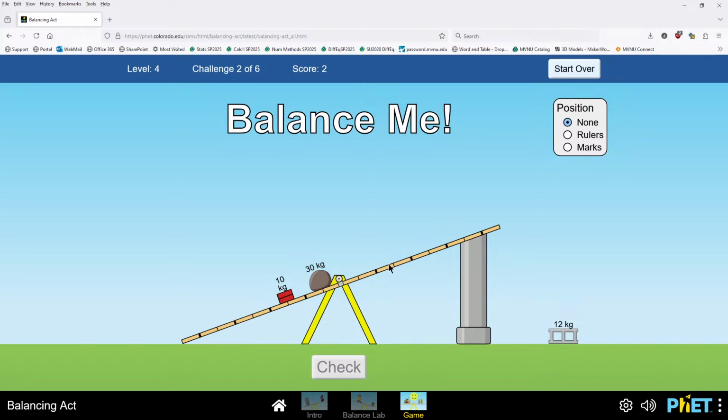One, two, three. Huh. Well, this is kind of interesting. I can't get it to balance. Am I wrong? Wait, you can get it to balance?